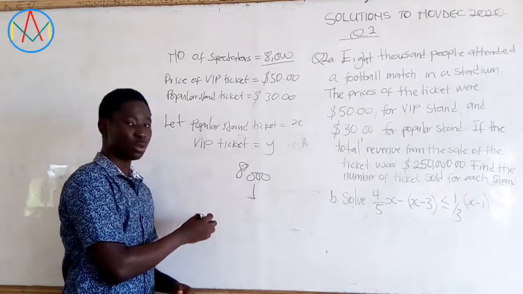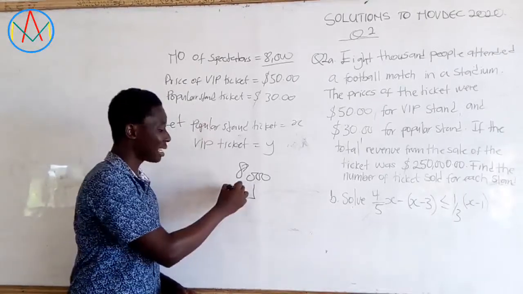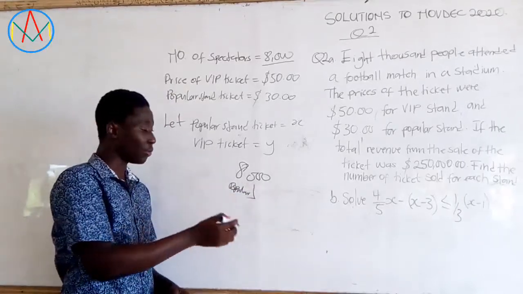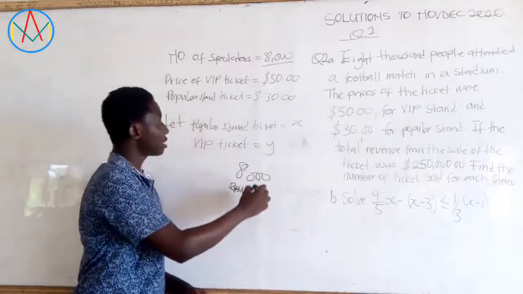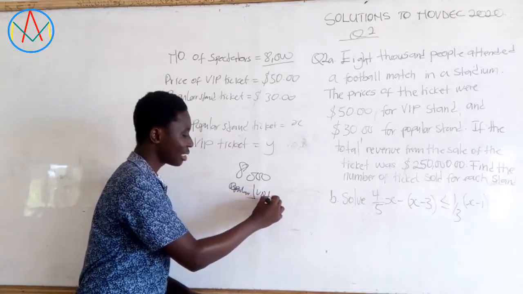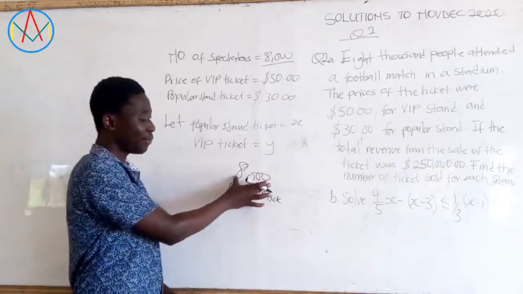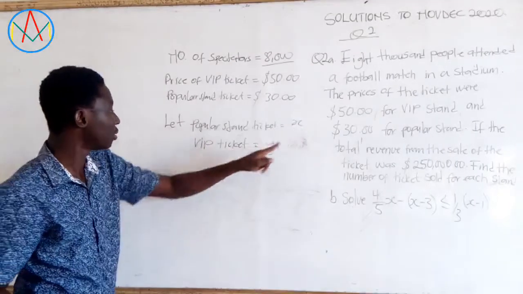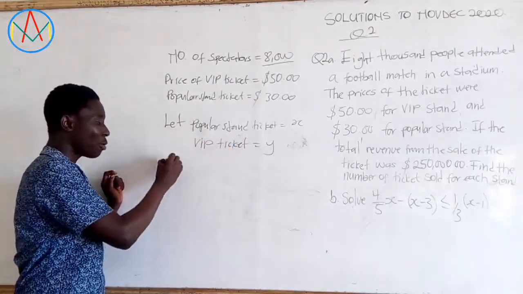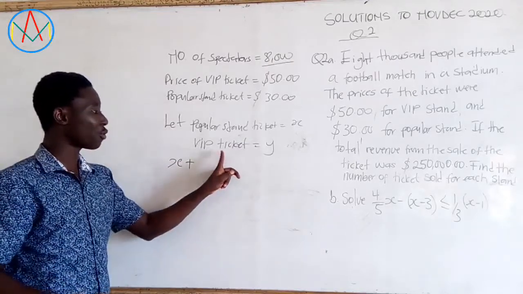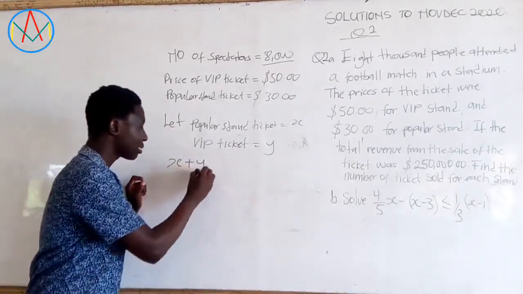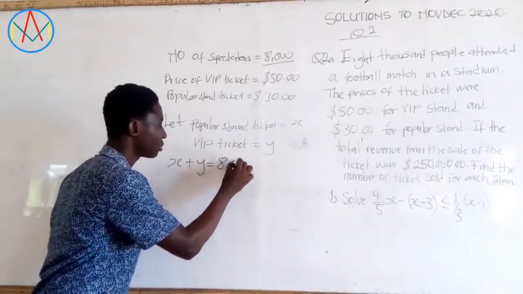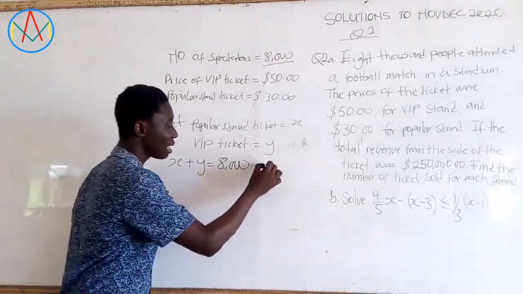A portion of it will be for people that bought popular stand tickets, and then a portion of it will also be for people that bought VIP tickets. So when they come together, they form this 8,000. Meaning, when we add the number of popular stand tickets that were bought plus number of VIP tickets that were bought, we should get this 8,000. So this becomes our equation 1.